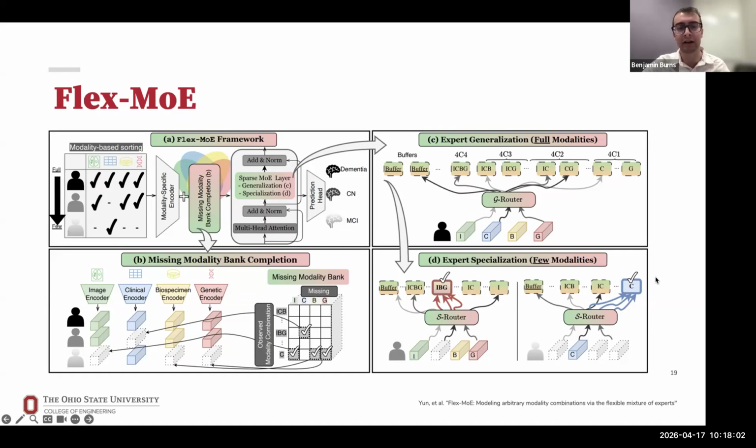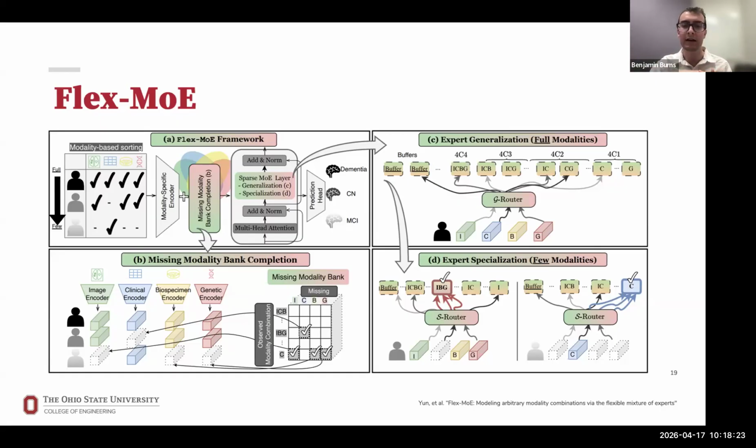It's a very complicated diagram with a lot going on, but I'll ask you to only focus on the bottom right panel D, where the key technology in this method is the mixture of experts and how they specialize the experts in this mixture of experts in order to correspond semantically to different modality combinations.